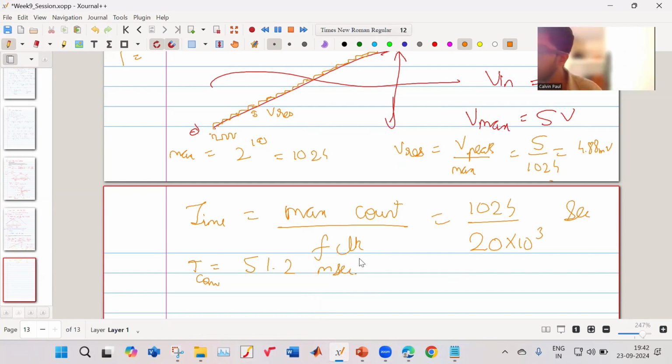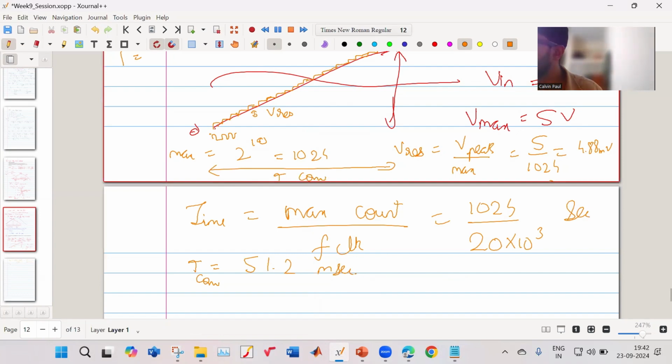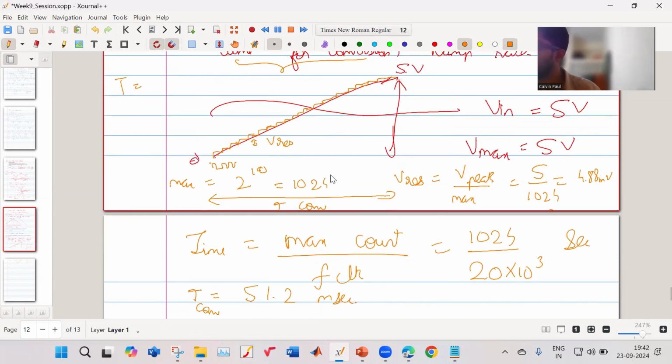So this is your T conversion, and this is your V peak. What is your ramp rate? Your ramp rate is the slope of this.